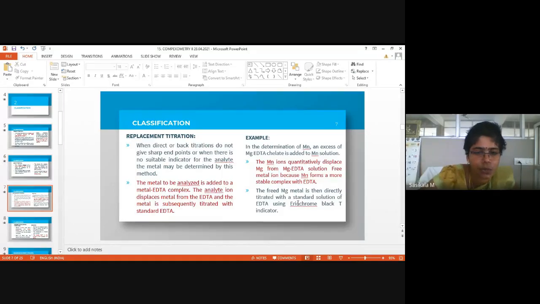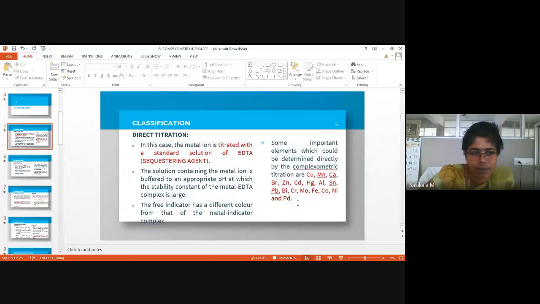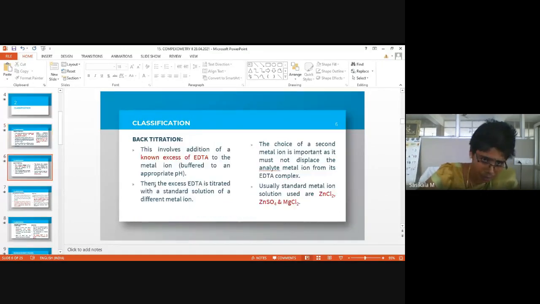Now let's move on to the third type, replacement titration. Before that, we'll revise the first one, direct titration, where the metal ion is directly titrated with EDTA, the metal EDTA complex forms, and a metal indicator will be added to that. The metal indicator complex will have a different color from that of the free indicator, so that color change will be observed during the titration.